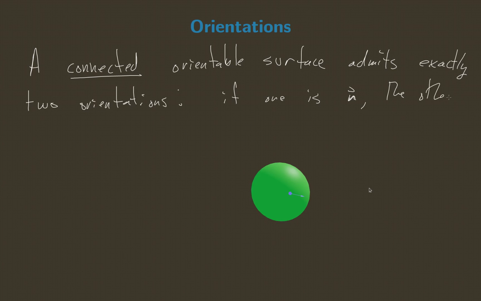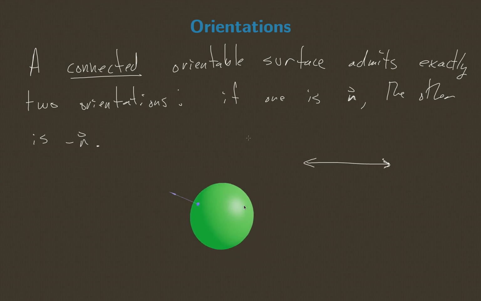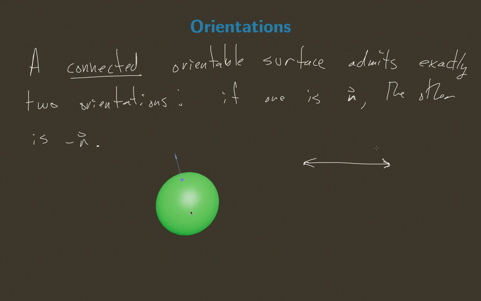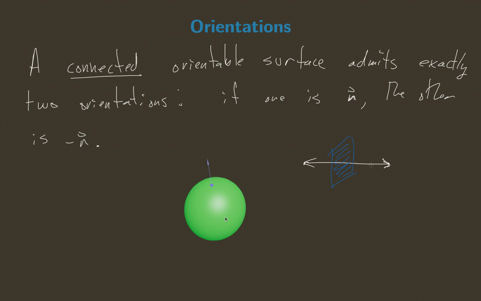If n is one of them, the other is negative n. So the fact that in one dimension you only have two directions carries over into higher dimensions. We still only have two orientations, because even though our tangent plane is two-dimensional, the normal direction will just be one-dimensional. So this is for a connected orientable surface.